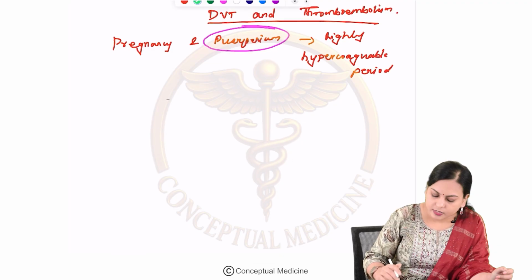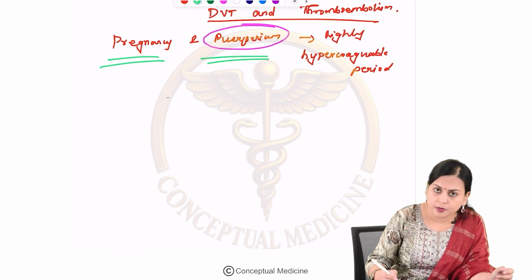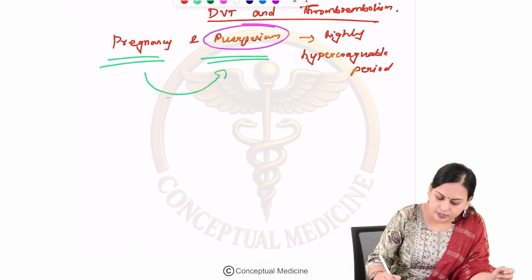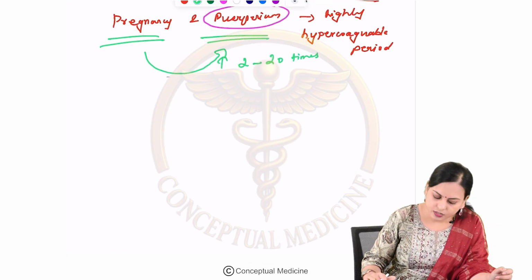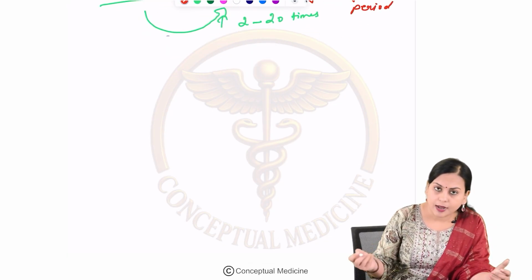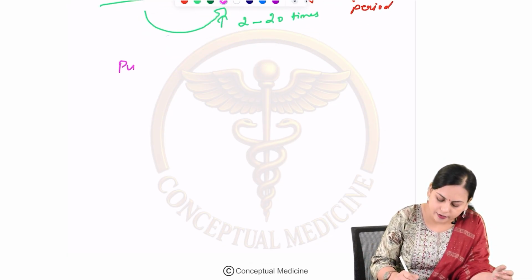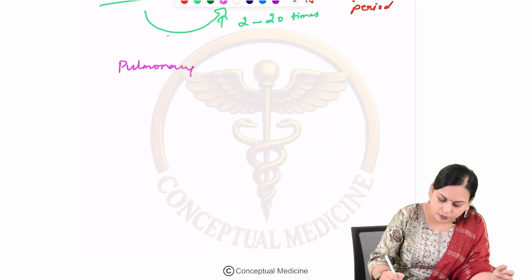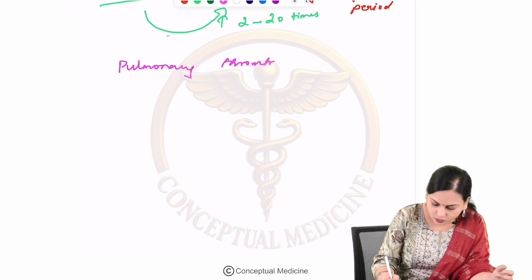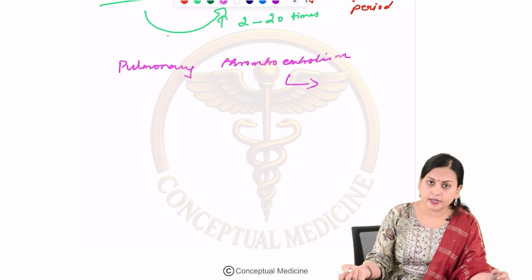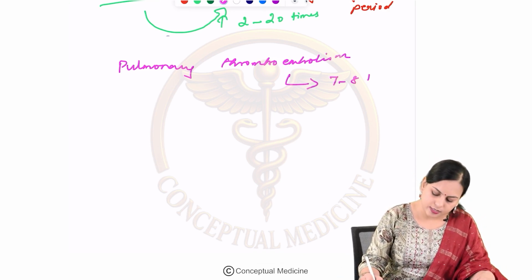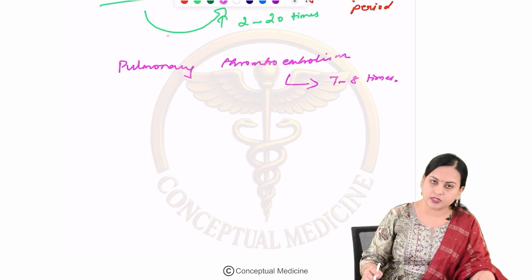So, compared to pregnancy, in the puerperal period the risk can increase anywhere between 2 times to 20 times even. Clear? Okay. So, you can have a pulmonary thromboembolism also. This risk is also higher in pregnancy, around 7 to 8 times.